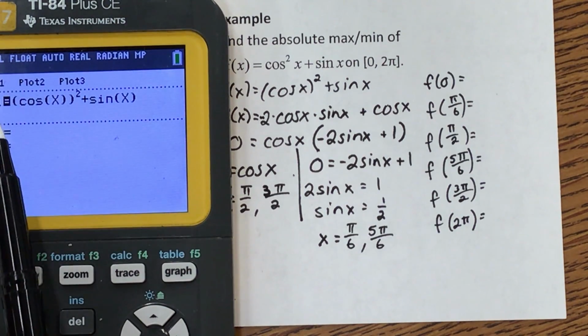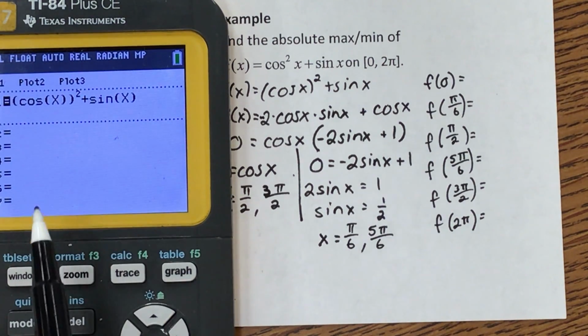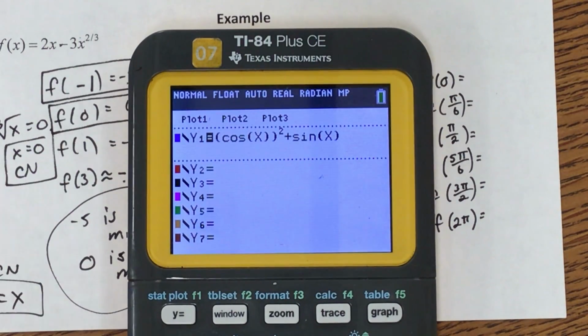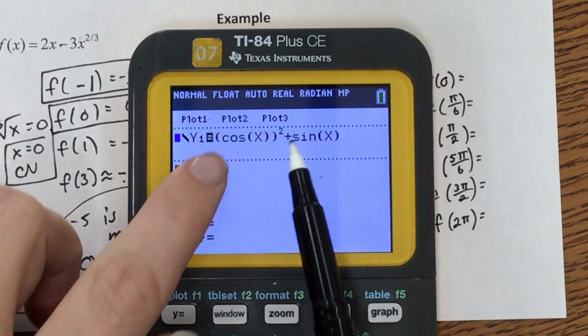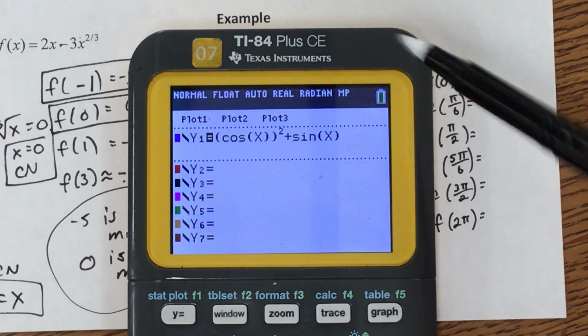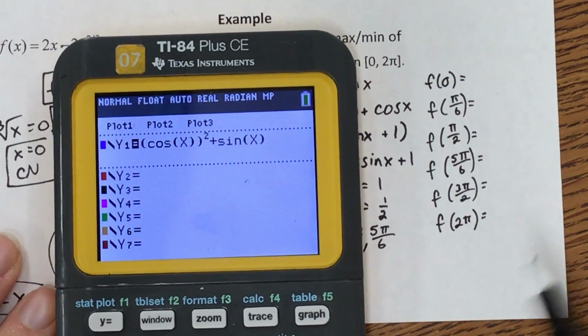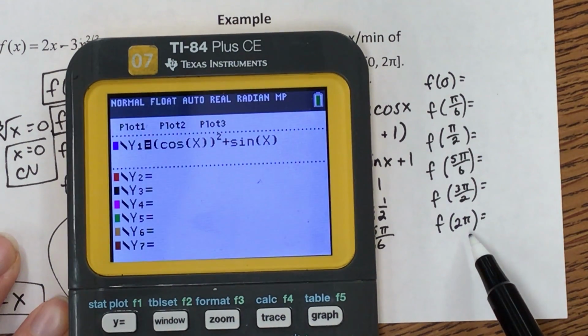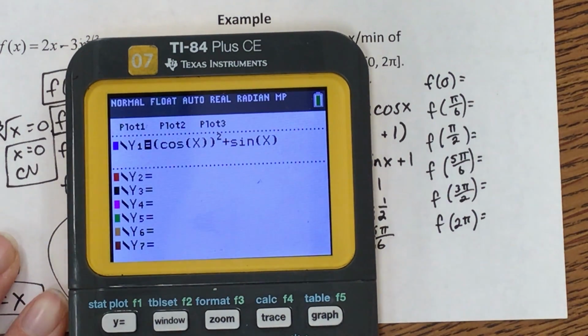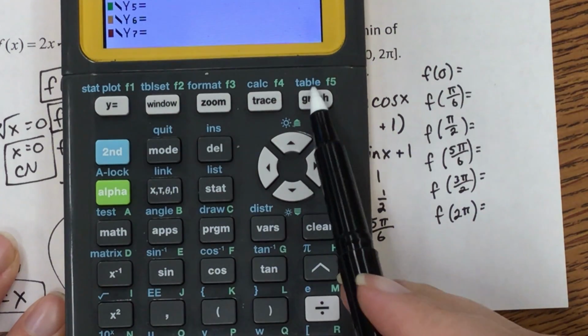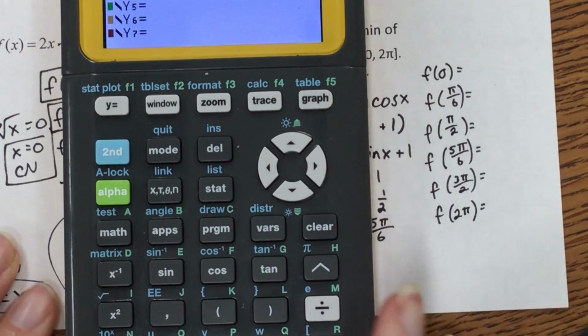It's in y1, and we want to evaluate y1 at all of these different x values. You can't see any of that. We've got cosine of x in parentheses squared plus sine x. I'm in radians now. I went to mode to fix it. Great. So we want to plug in all of these x values. They have pi's in them. Your table does not give you x values that are pi's.